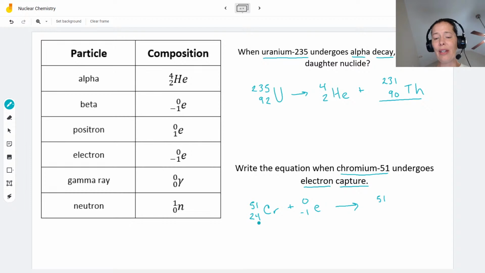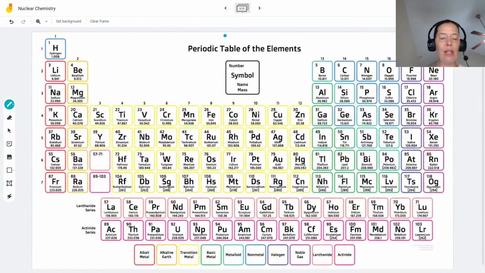And then I've got 24 plus a negative 1 gives me a total of 23, which means I need a 23 over here. That is my atomic number. And feel free, I like to do these little side calculations just to keep track of where everything is. So I'm adding in the right place and subtracting in the right place. But let's identify this atom. So our atomic number is 23. So we need to go back to the periodic table. And if we find 23, here it is right here. This is vanadium.